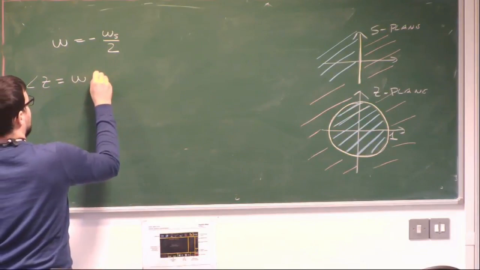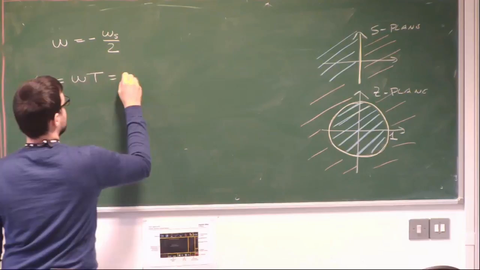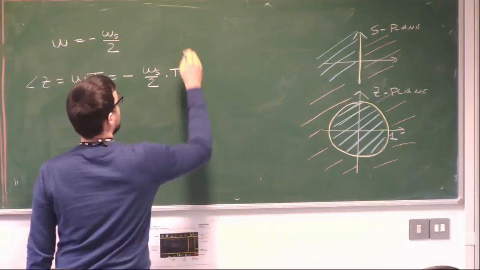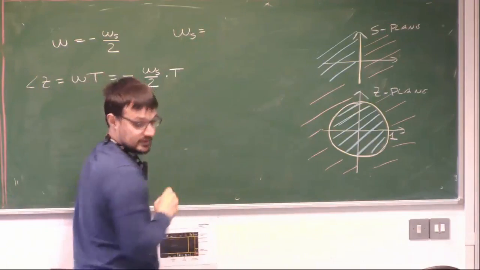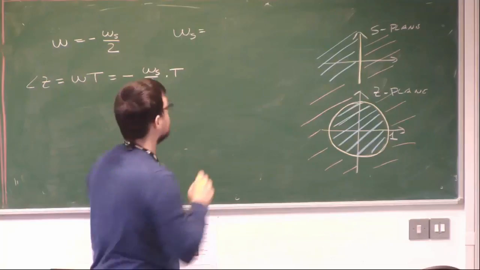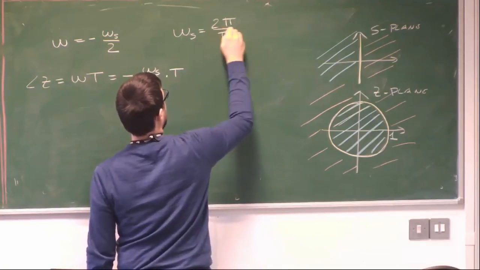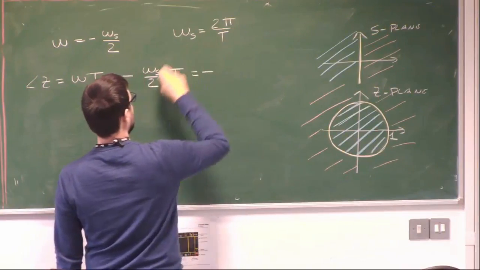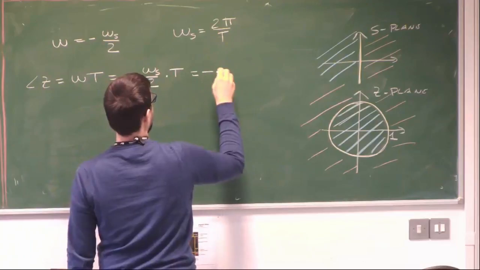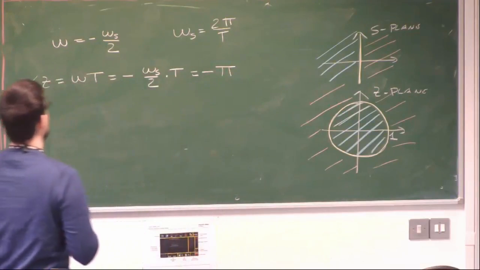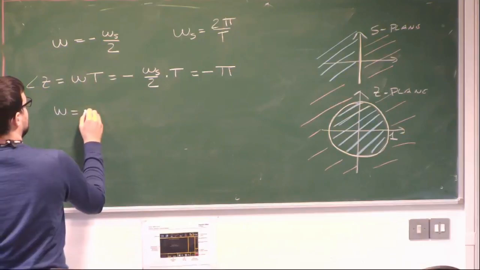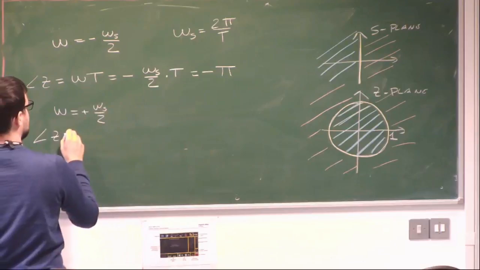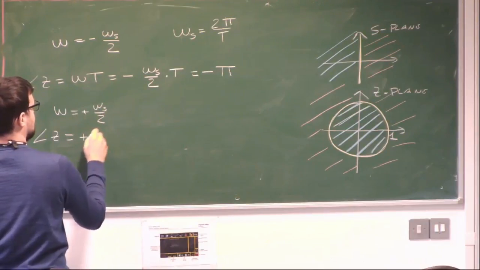We said that it is omega T, so in this case it is minus omega s divided by 2 times T. Now, if you remember, omega s is defined as 2 pi over T. If we replace this in here, the 2 and 2 simplify, the T and T simplify, and we get minus pi. If instead omega is equal to plus omega s divided by 2, we repeat this computation and get that the phase is equal to plus pi.